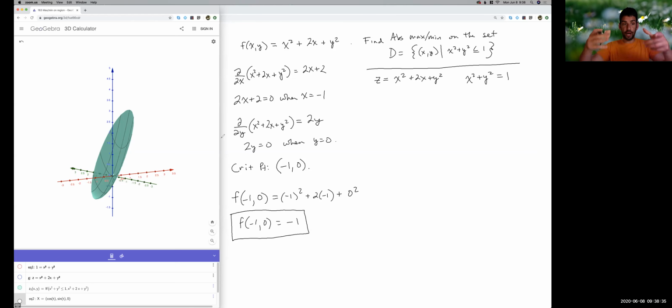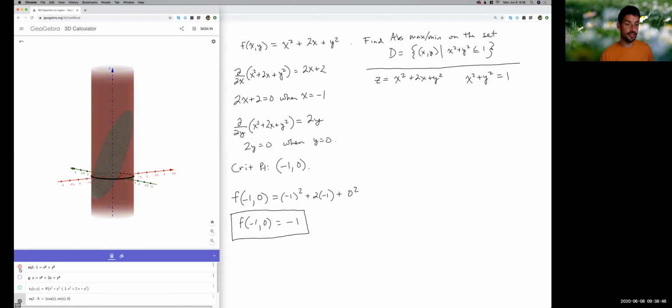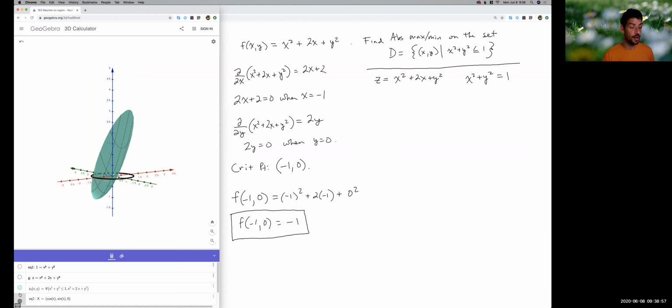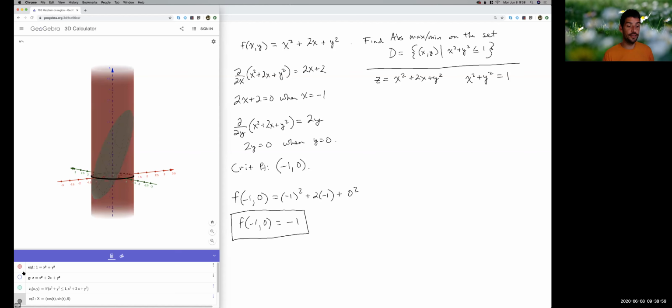So if we go above, remember we were looking at our domain. The portion of the domain we cared about is this little circle in the xy plane, and we find the points on our surface above or below. In other words, we evaluate each of those points, and that creates the boundary of the portion of the surface we're looking at.